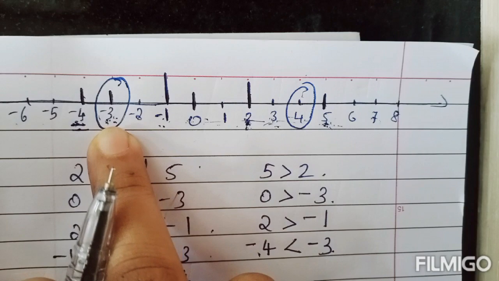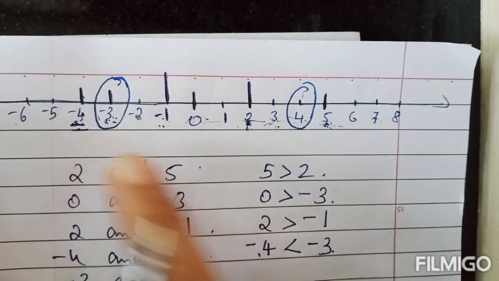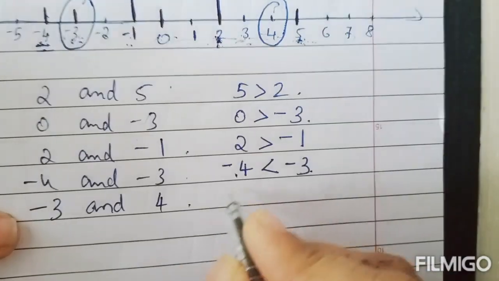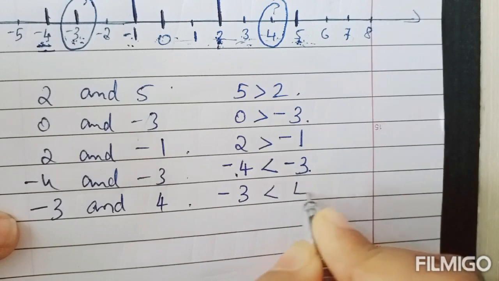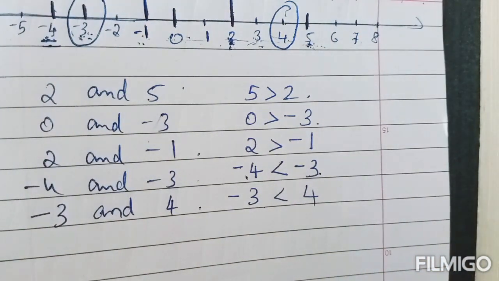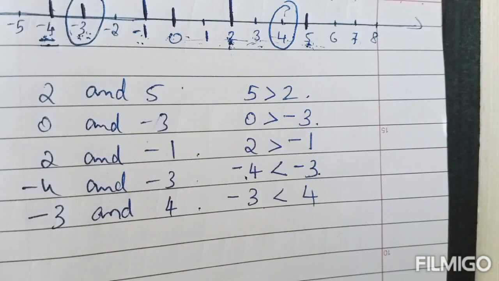Minus 3 is less than 4. Since minus 3 lies on the left of 4, we can say minus 3 is less than 4, because the integers on the left are smaller than the integers on the right side.